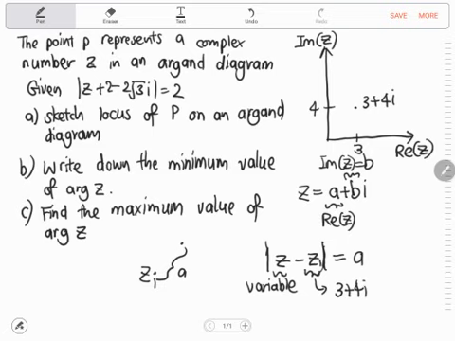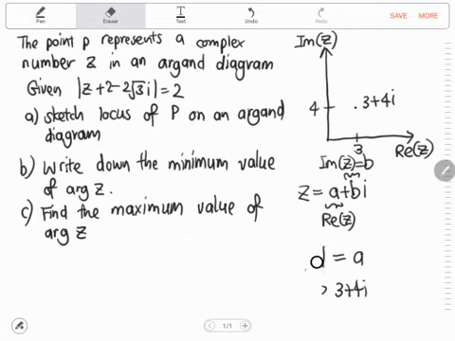So given that Z is a variable and unknown, it could be anywhere that is a distance of A from Z1. So you will trace out a circle with radius A. This is something that we need to know.